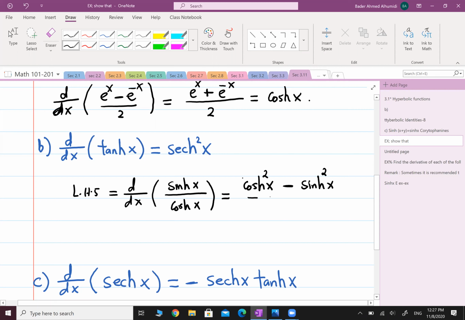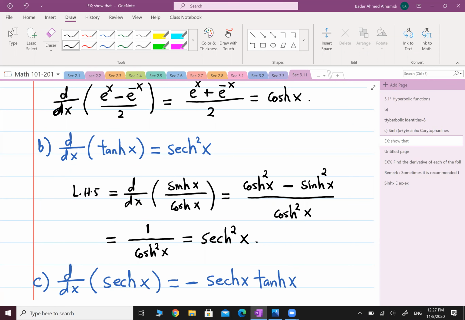So this is squared, over hyperbolic cosine squared of x. If you simplify using the identities, we know that hyperbolic cosine squared minus hyperbolic sine squared is equal to 1. So it is 1 over hyperbolic cosine squared of x. And using the reciprocal identity, 1 over hyperbolic cosine is secant. So this is nothing but secant squared hyperbolic of x, or hyperbolic secant squared of x, which is the right-hand side.